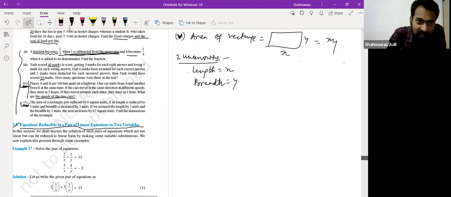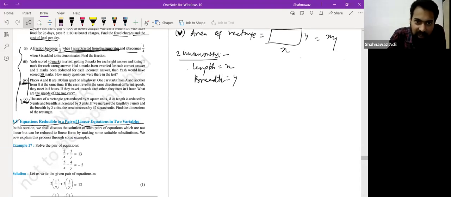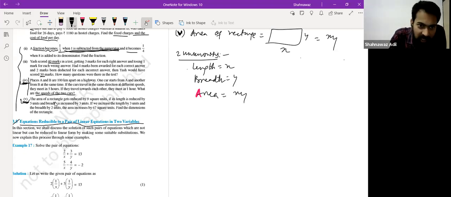Yes, so length is X, breadth is Y, right? And area is XY. In the first part, the area gets reduced by 9 square units.